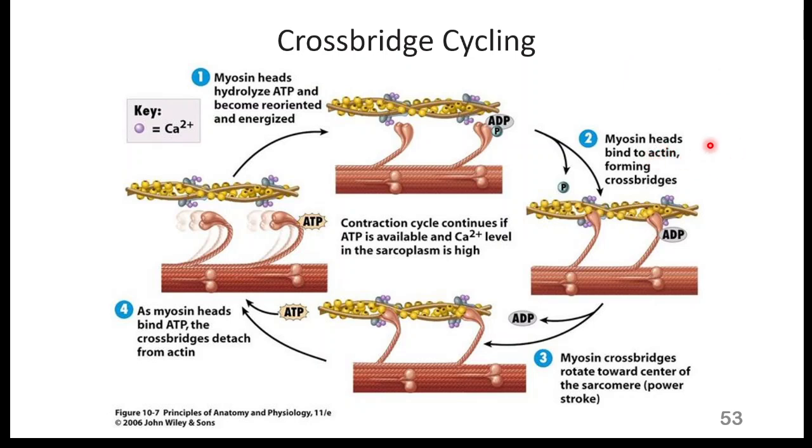Then the myosin head binds to actin and forms a cross bridge. Then the myosin cross bridge rotates towards the center. That rotation is what drags the actin along. Then myosin binds to ATP, the cross bridge detaches from actin, and the process continues over and over again.